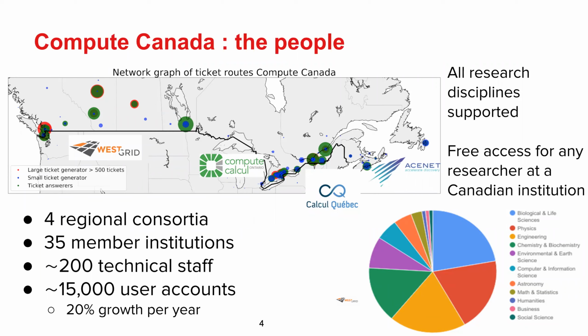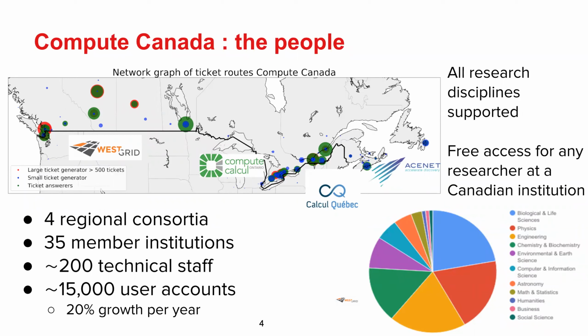ComputeCanada is the body that coordinates the efforts at the national level. It acts with 4 regional partners, regional consortia that's written on this slide. WestGrid, which includes the 4 provinces in the West, Calcul Ontario, for Ontario, Calcul Quebec in Quebec, and ACENET, which is for the Maritimes provinces.